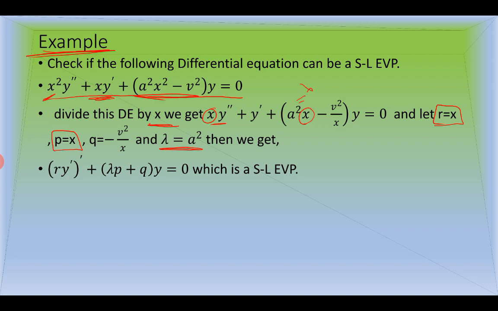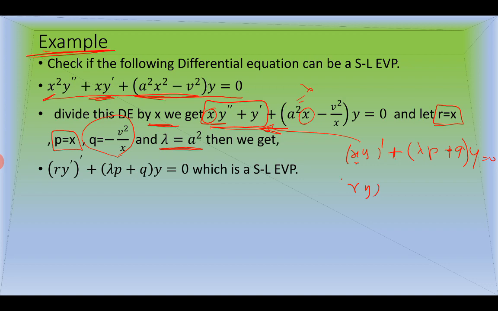Now rewrite this. What do you get? These two can be written as (x y dash) whole dash, isn't it? Check your product rule: x times y double dash, plus y dash times the derivative of x, which is 1. So the product rule gives x y dash plus, here a square is lambda, lambda p is x, and minus v square over x has been taken as q, plus q y is 0.